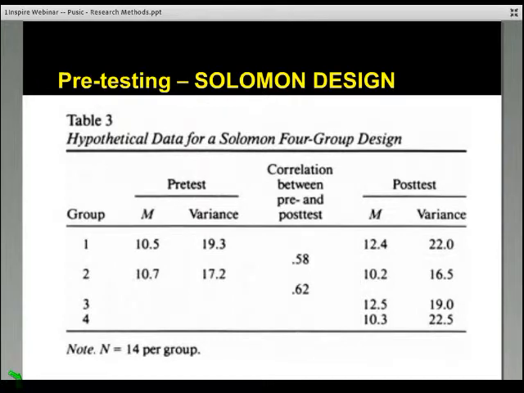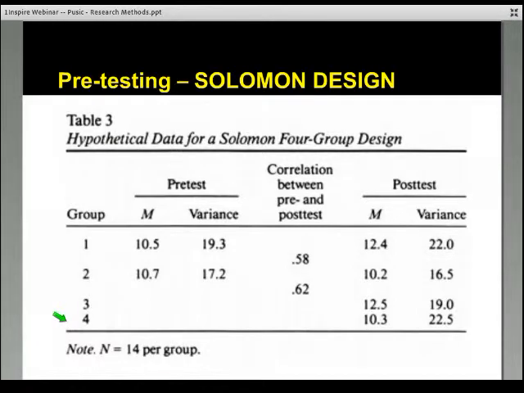That's what we're showing you here in this table, wherein there are four groups. Group one gets a pretest, gets say the control, and then gets a post-test. Group two gets a pretest and gets the intervention and gets the post-test. Group three gets no pretest and the control and a post-test. And group four gets no pretest and the intervention and a post-test.